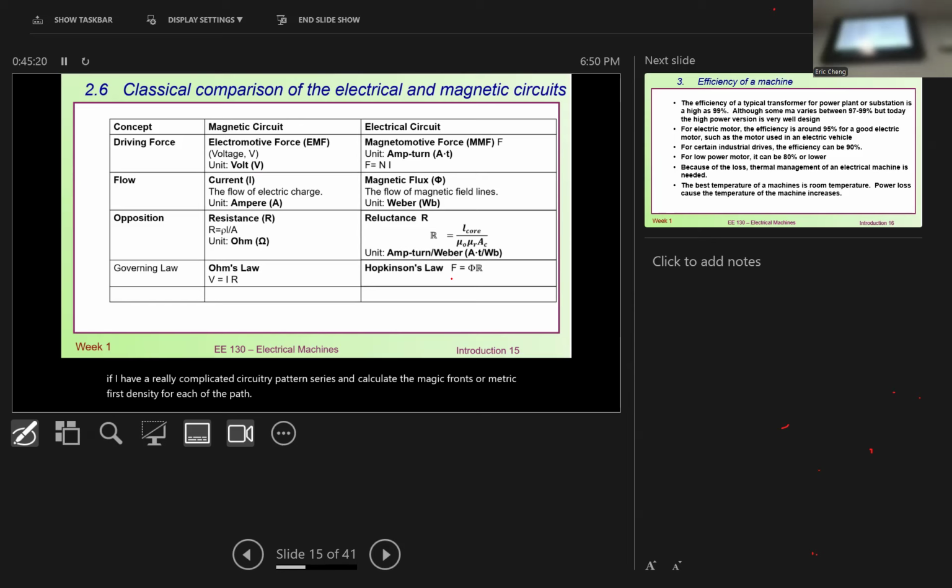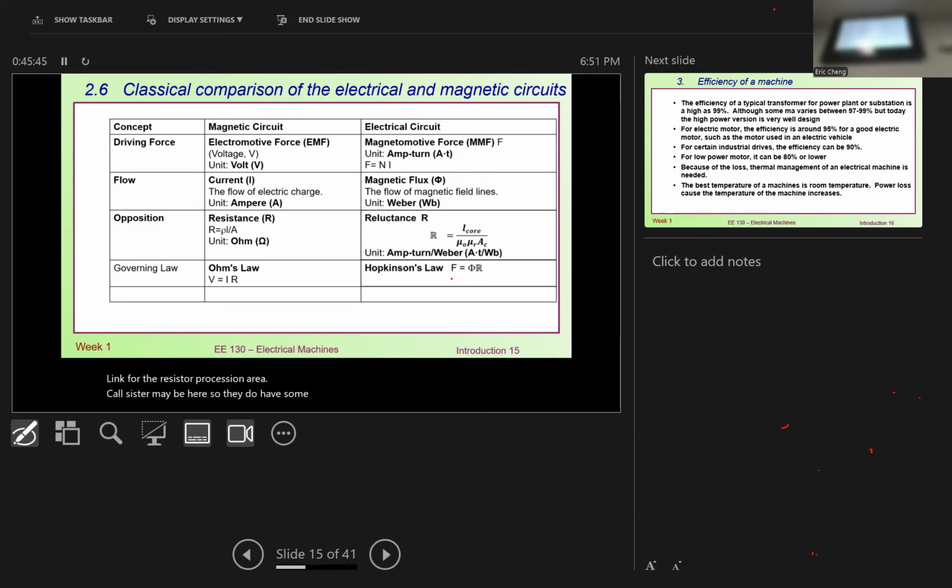The basic equation for reluctance is like that, and there's some similarity to the resistance equation. In the numerator we have the length of the core, here the length of the resistor, and we have the cross-section area here and here. So they do have some similarity.